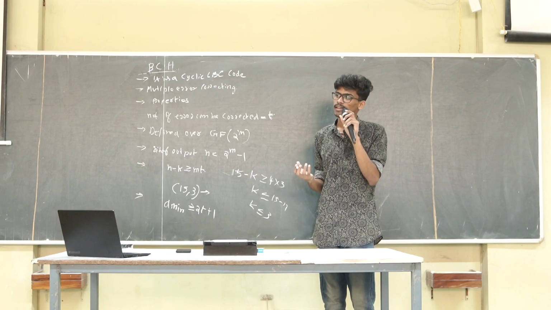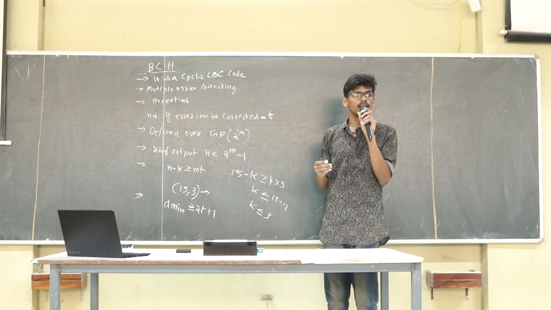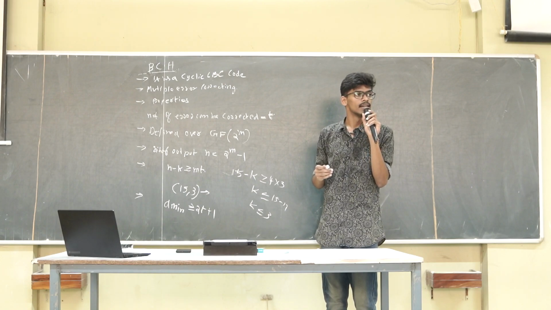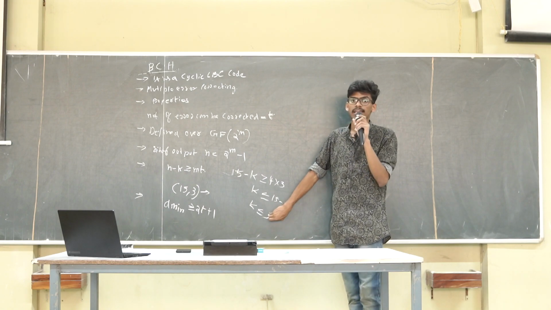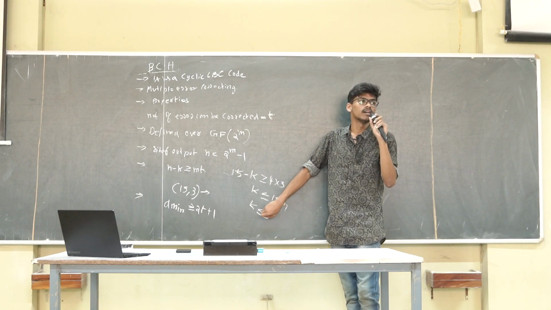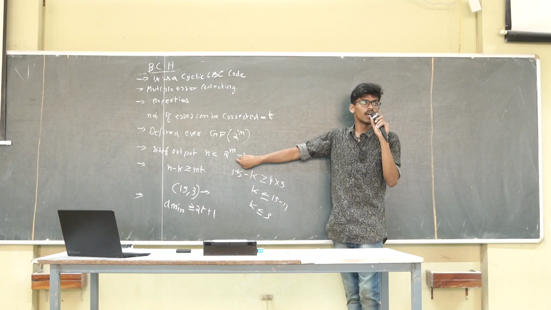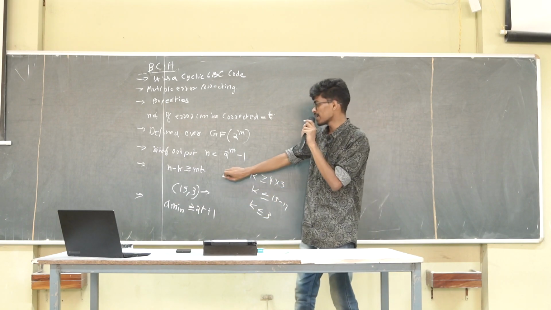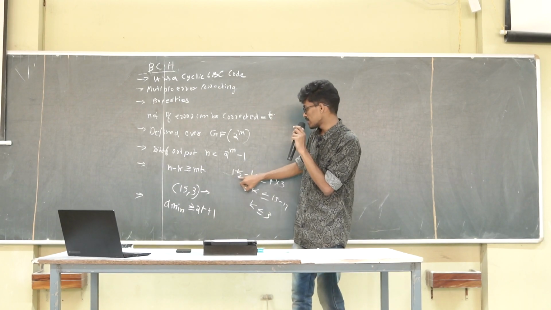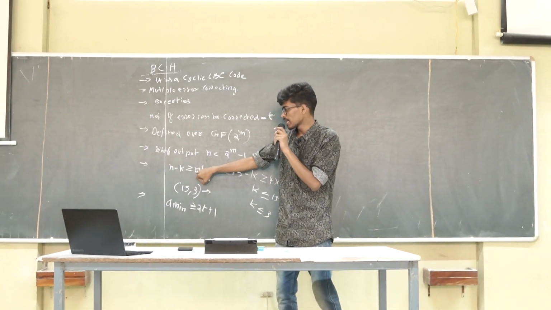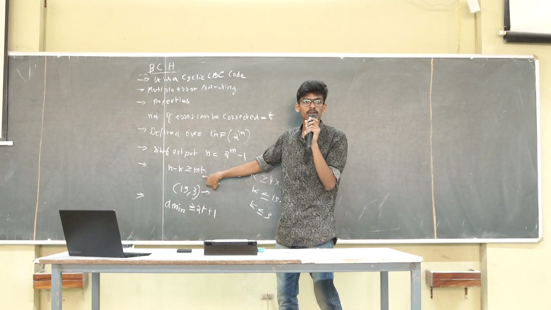And what is k? If a 3-bit error is there, t is less than or equal to 3. So it can correct a maximum of 3 errors using the redundancy n minus k. What is n minus k here? N minus k is greater than or equal to 4 into 3.